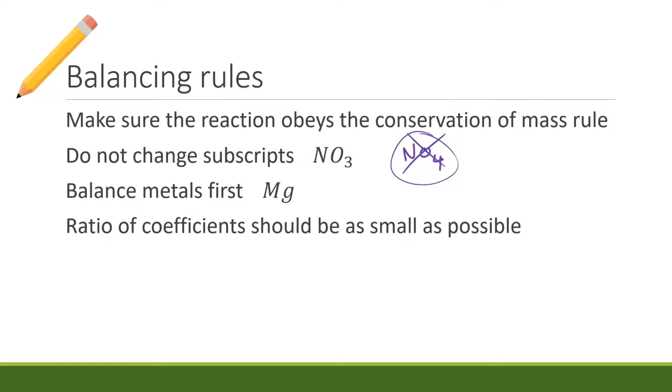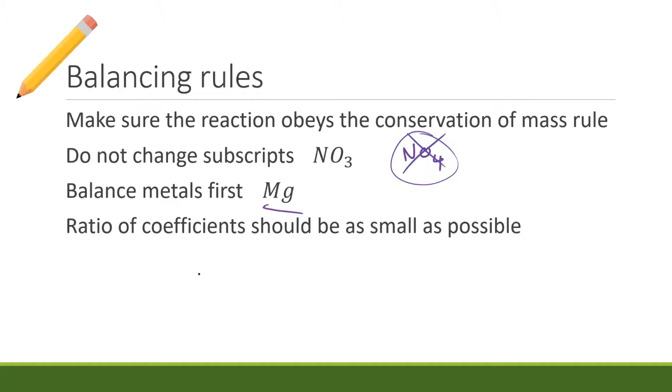It's always suggested that you balance the metals first because they're the easiest ones to balance. And the ratio of the coefficients, which means the numbers at the front, should be as small as possible.